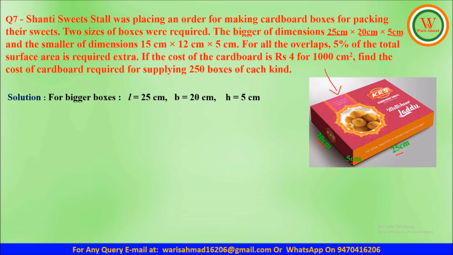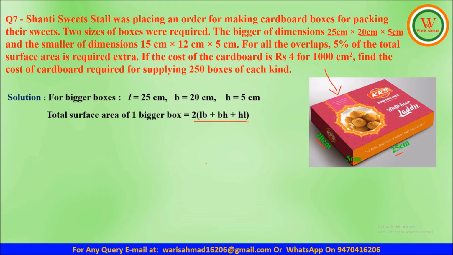The total surface area of this box will give us the area of the cardboard required to make one big box. So here we can write total surface area of one bigger box is equals to 2 under bracket L into B, B into H plus H into L. This is the formula of total surface area.